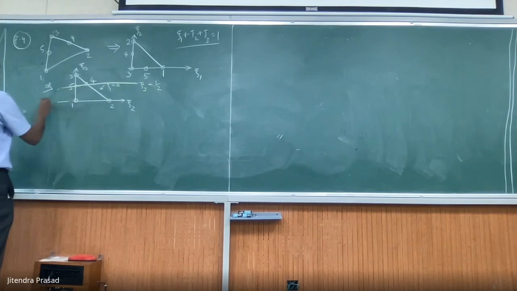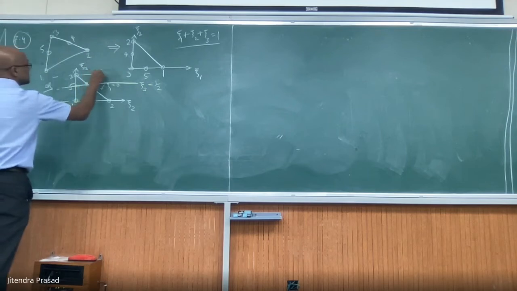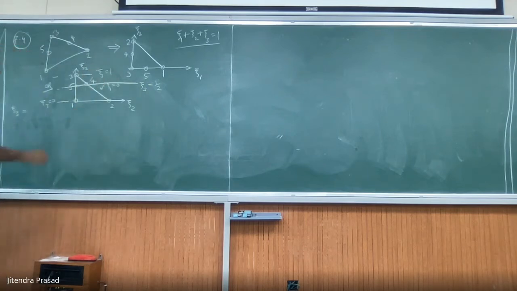What is this one? Xi3 equal to 0. This is xi3 equal to 1. Accordingly, we can frame immediately.